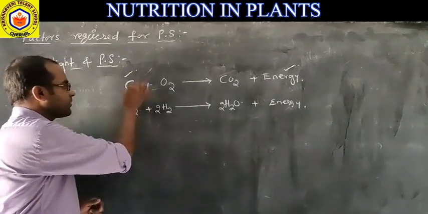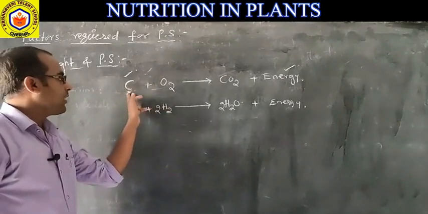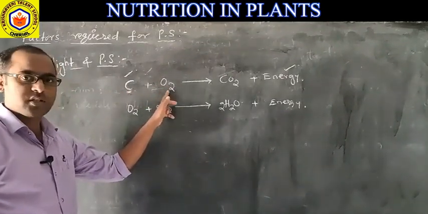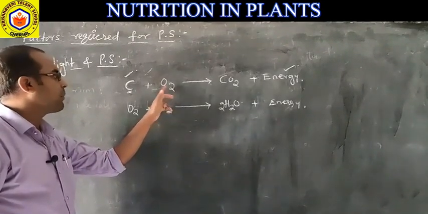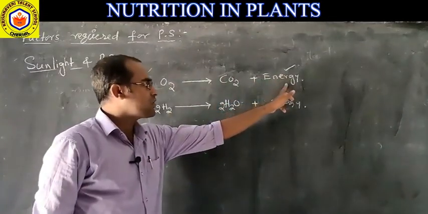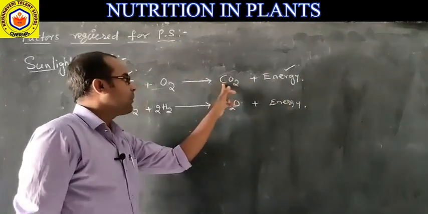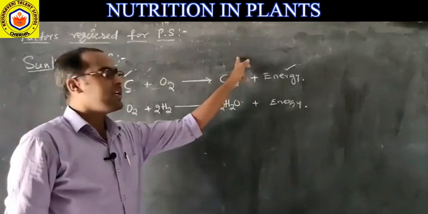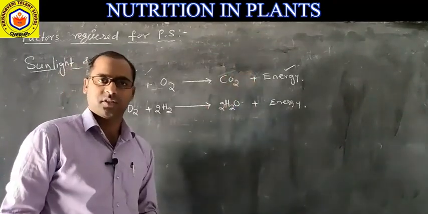The carbon materials, carbohydrates, combine with the oxygen taken in through inhalation, and produce energy. This energy is utilized for our body needs, and the byproduct and waste material which is not needed for our body is removed through the exhalation process.